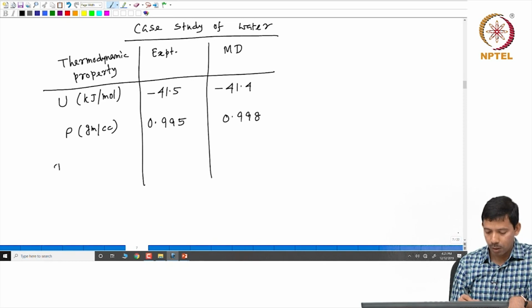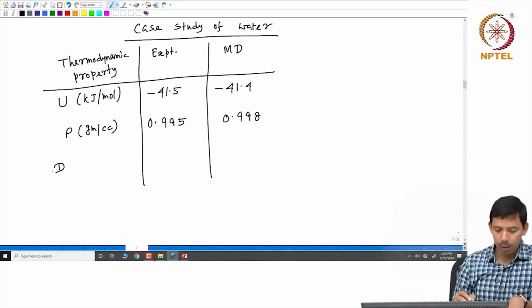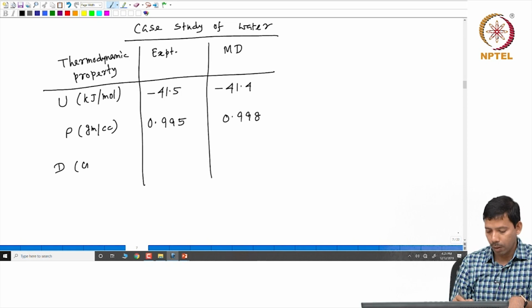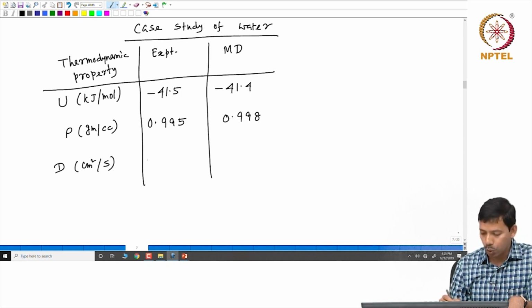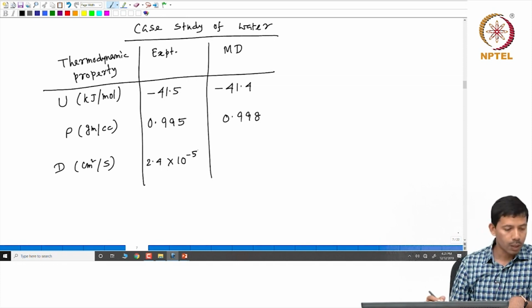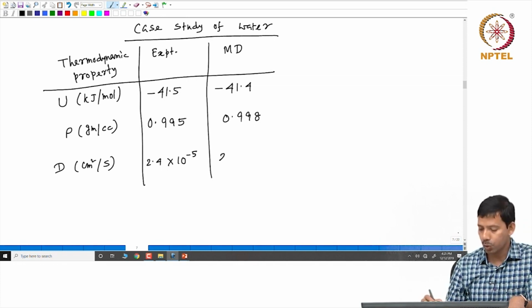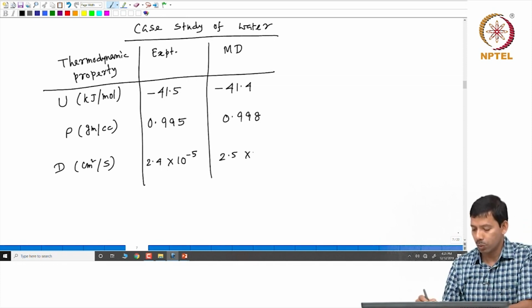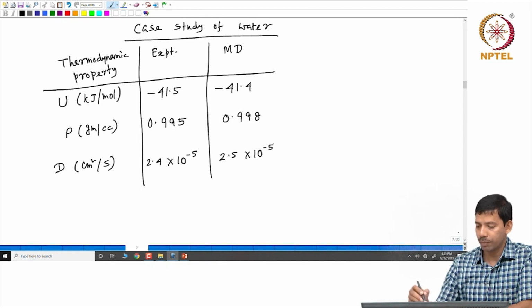Diffusivity, the diffusion coefficient in centimeter square per second of water. Experimental value is 2.4 into 10 to the power minus 5, and what you obtain from here is 2.5 into 10 to the power minus 5.